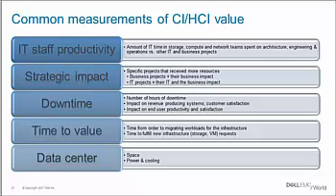are the common metrics of value that CI and HCI produce, which is improvements in staff productivity. We look at that in terms of how much time was being spent, and now is being spent, on the functions of architecture, engineering, and operations, compared to the time people spent on new projects and initiatives before and after.